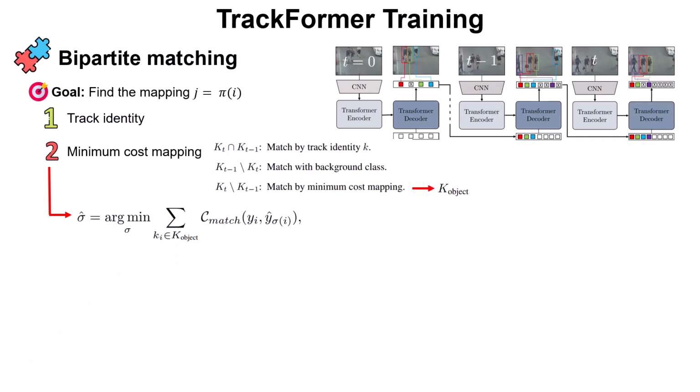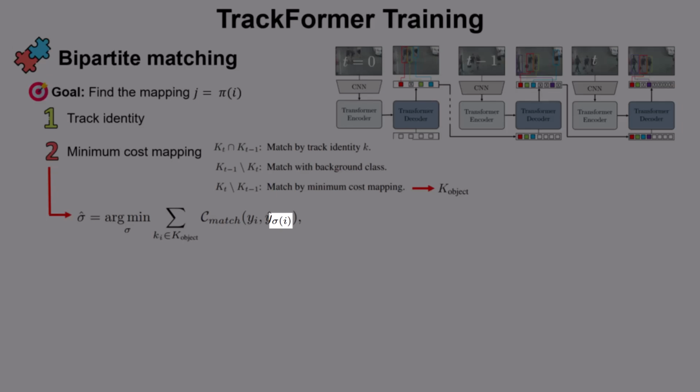So what is this cost match? This cost match receives two inputs. The first input y_i is the ground truth, and the second input y hat is our prediction. But note that for the prediction, we are using sigma(i) as our index.